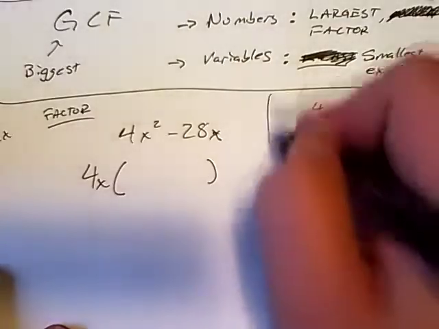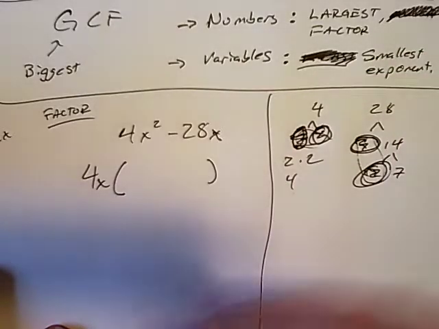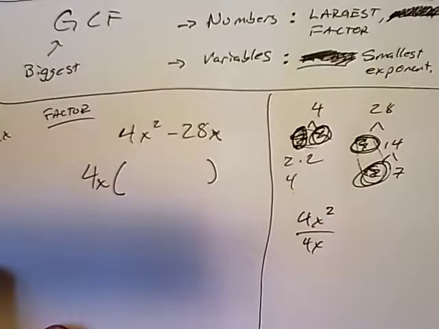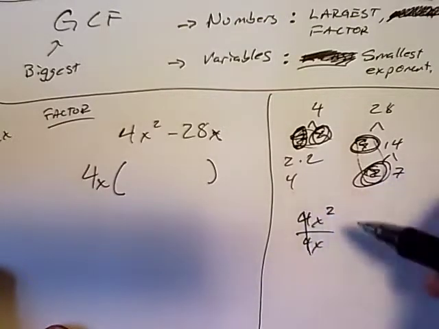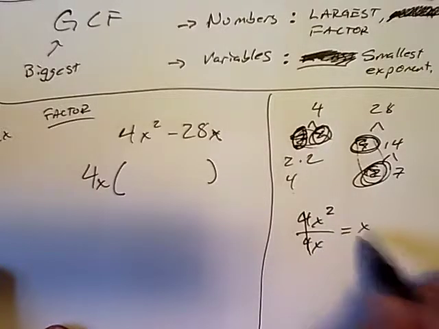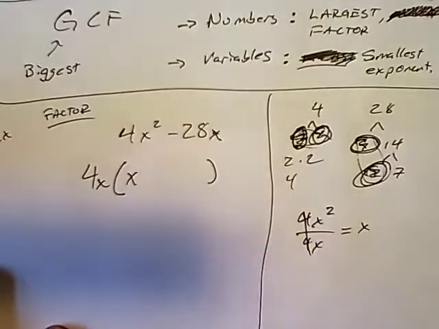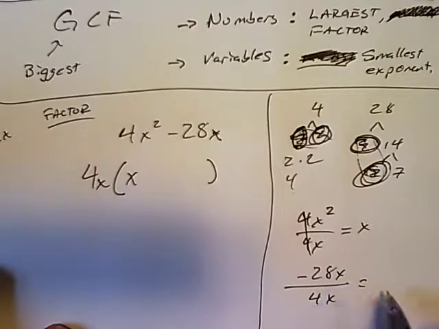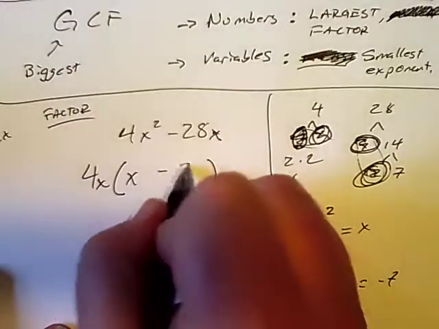Over here on my scratch work, I'm going to take 4x squared and divide that by 4x. 4 divided by 4 is gone. x squared divided by x is simply x. So I know that I'm going to be left with an x here. Negative 28x divided by 4x: negative 28 divided by 4 is negative 7, and x divided by x is 1, so that's gone. So I know that I'm left with a negative 7.